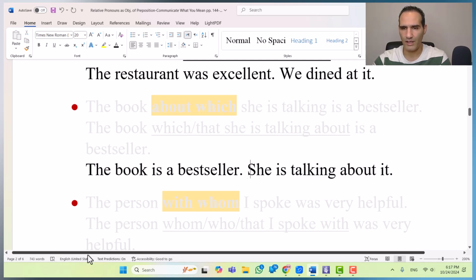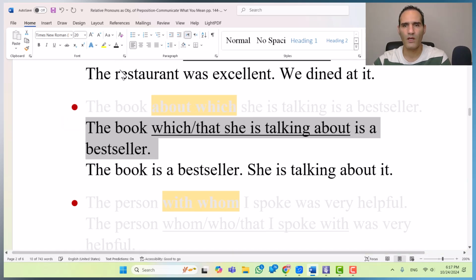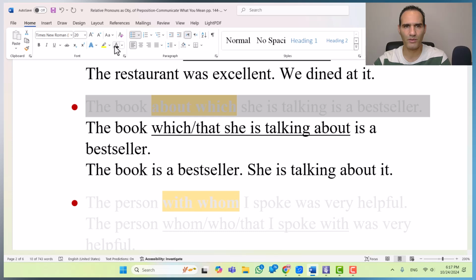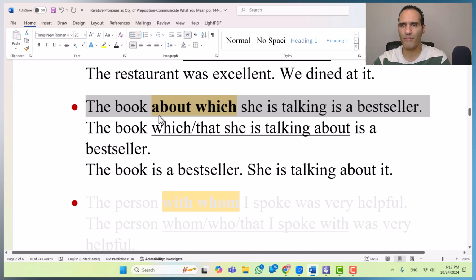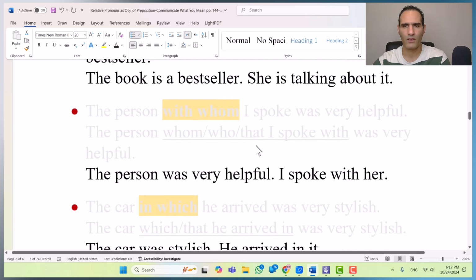So the adjective clause should go after the book. So we say the book which she is talking about is a bestseller. And now if we want to bring about before it, as easy as the previous one, the book about which she is talking is a bestseller. The book about which is the adjective clause.